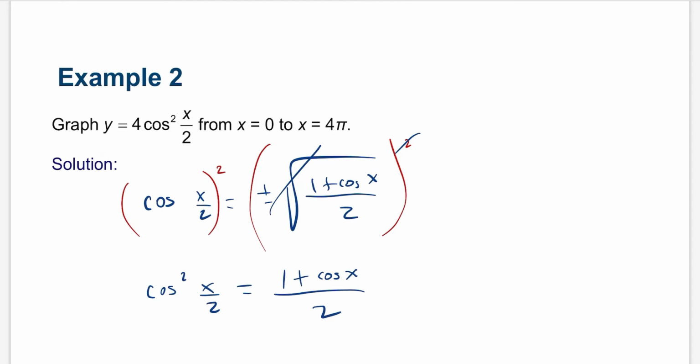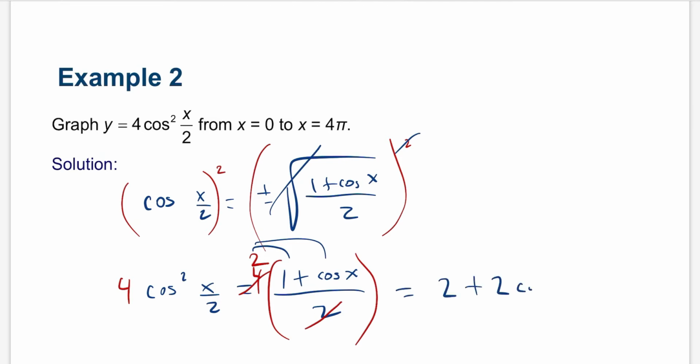But you have a 4 here, so we have to multiply both sides of this equation by 4. And that becomes 2. So when you distribute the 2, you're going to get 2 plus 2 cosine of x. All right, so we already know what cosine looks like.